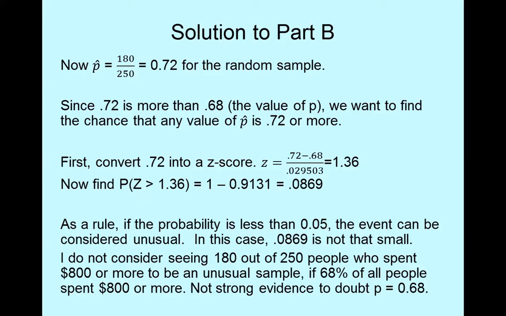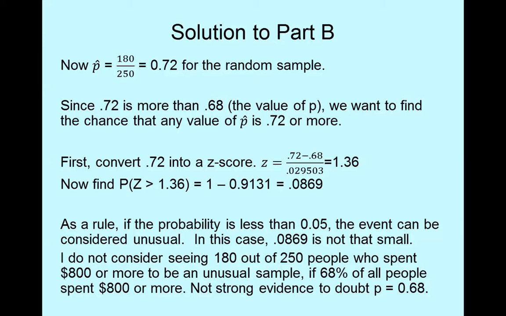So 0.0869, we now want to interpret as a probability. As a rule, if the probability is less than 0.05, or less than a 5% chance, then the event would be considered unusual and would make us doubt that we had the correct value for the center of the distribution, or the 0.68 in this case.